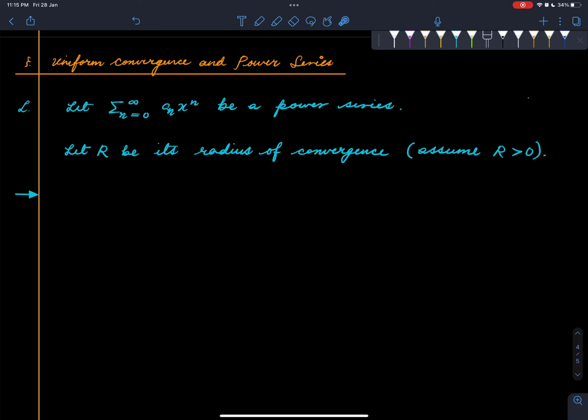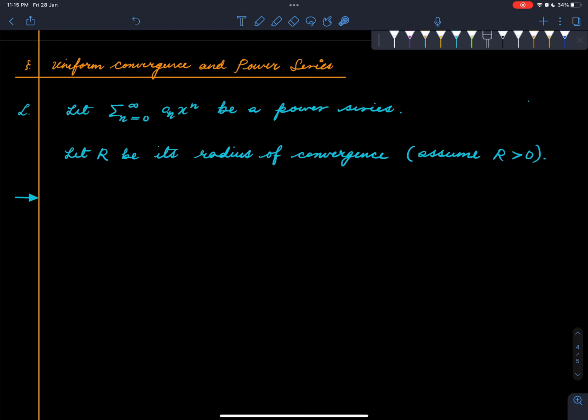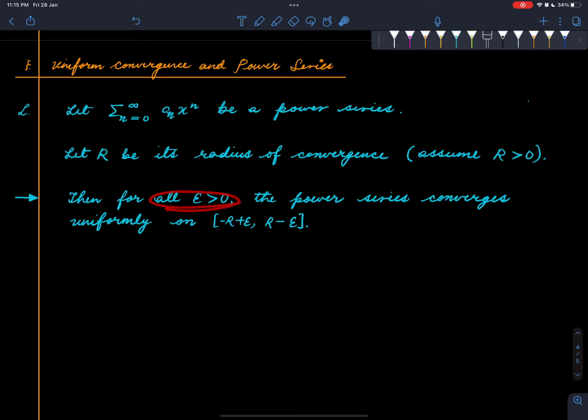So now we can actually say something more. We can show uniform convergence of this series under a little bit of a compromise on the radius of convergence. So here is the precise statement. You fix a power series and R be its radius of convergence. Then for each epsilon greater than 0, the power series not just converges, it converges uniformly on a little bit edited region.